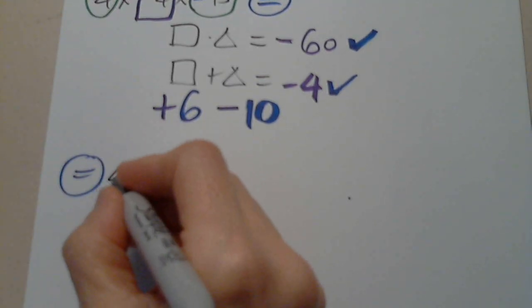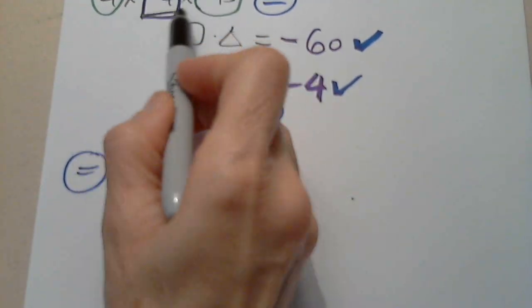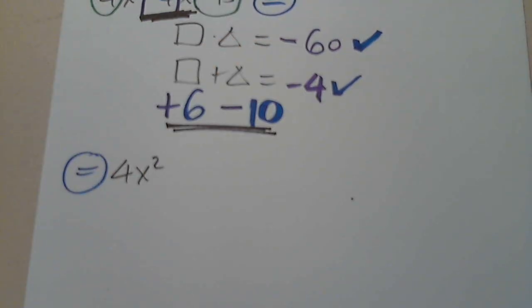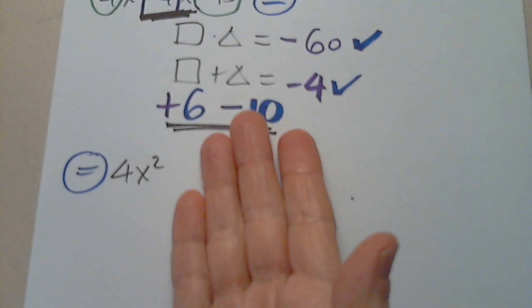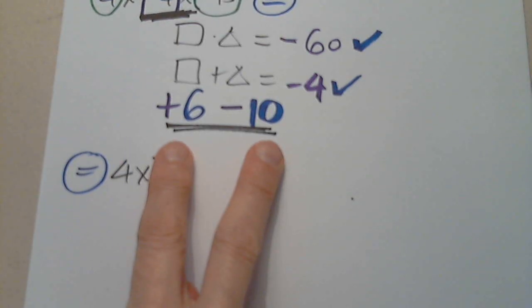Can we work it together? Yes, we copy 4x squared, and now we have to use these to rewrite -4x. So we will replace -4x with these two. What do I mean by that? So what should I write? Exactly what you see here, but with x.